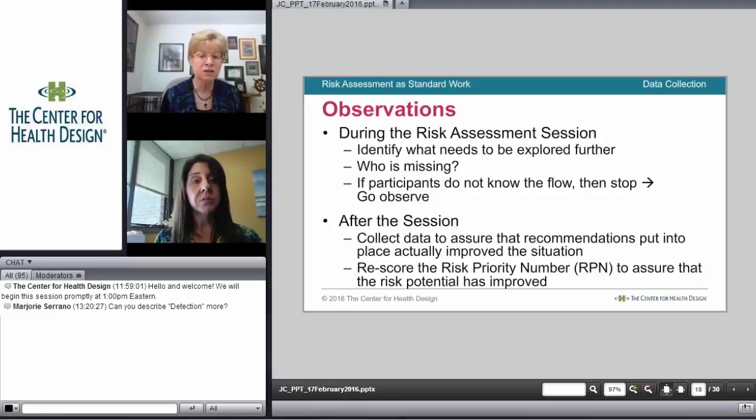Then after the session, you want to be sure to add your recommendations and then go and pilot and trial those recommendations. Now, sometimes if it truly is a space issue, we may not be able to try it until they physically move in and occupy the space.